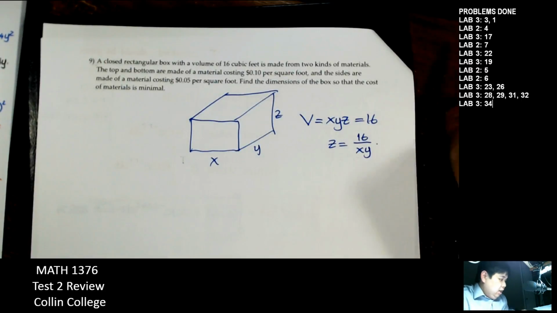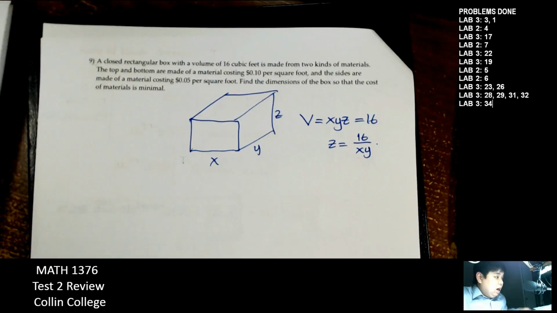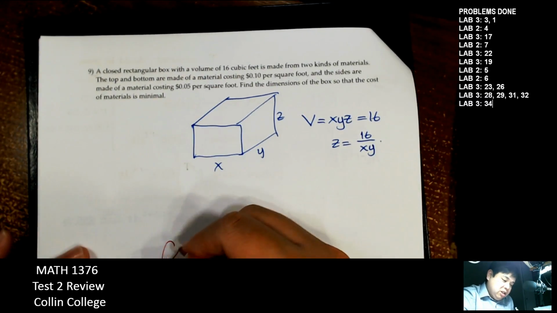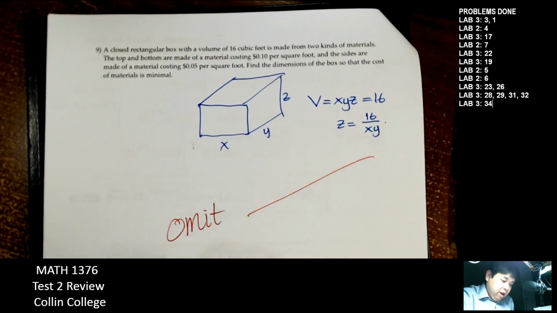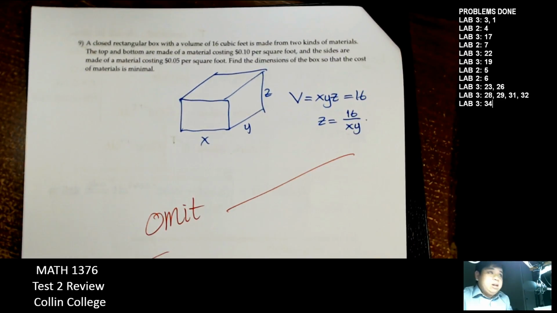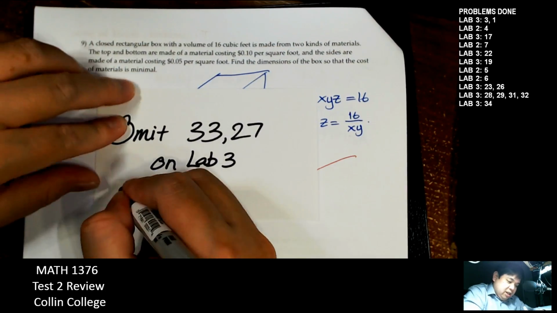Because of this similar reason to number 36, we need to omit this problem because the partial derivative will be very complicated. So omit that as well. I'll post it on the canvas later.